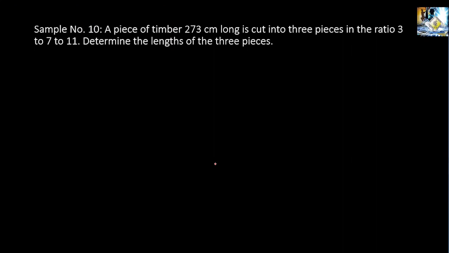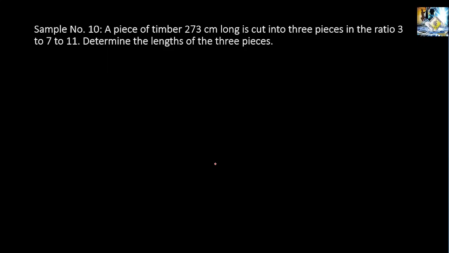Our first example for this topic: a piece of timber 273 centimeters long is cut into 3 pieces in the ratio 3 to 7 to 11. Determine the length of the 3 pieces.